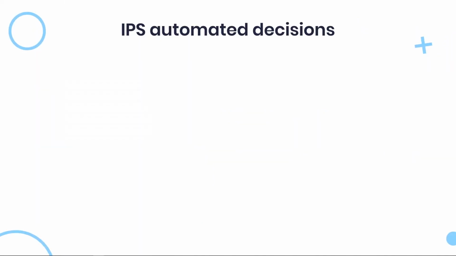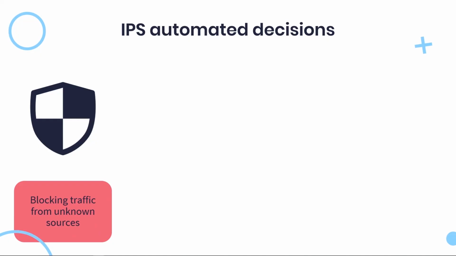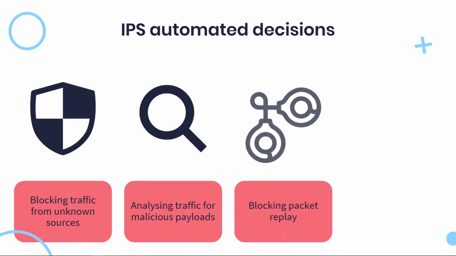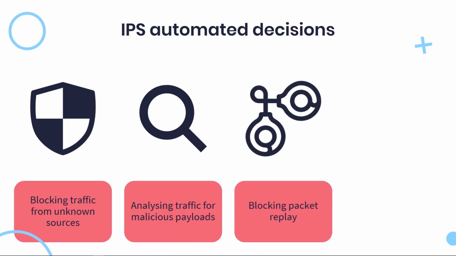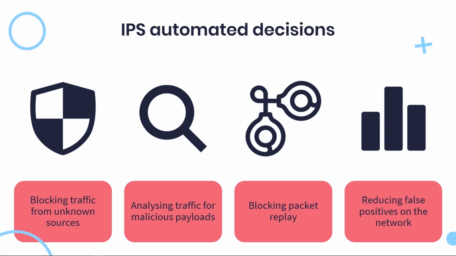Some of the automated decisions include blocking traffic from unknown sources, analyzing traffic for malicious payloads, blocking packet replay, as in an API attack where a threat actor tries to resend a legitimate packet but includes malicious payloads with the packet, reducing false positives on the network, for example, when legitimate packets are misread as threats.